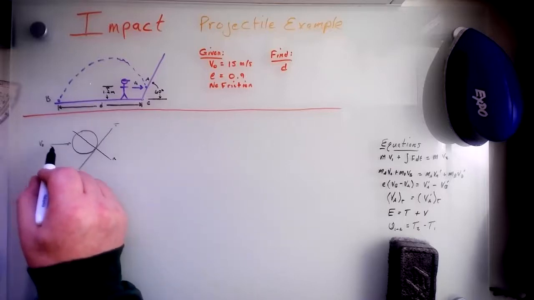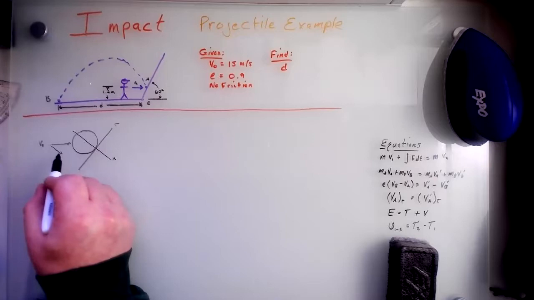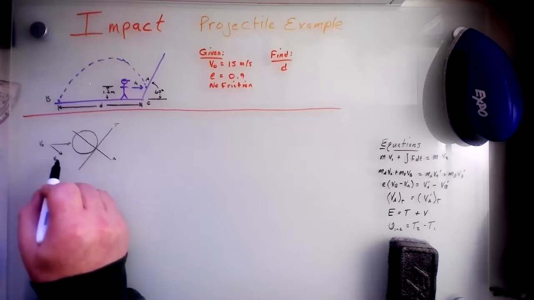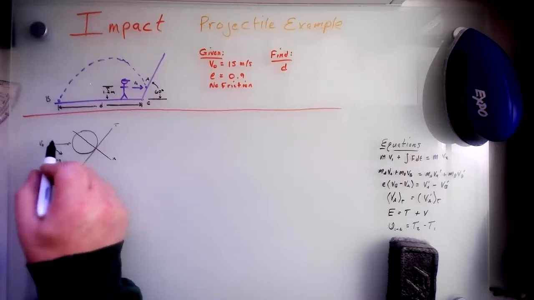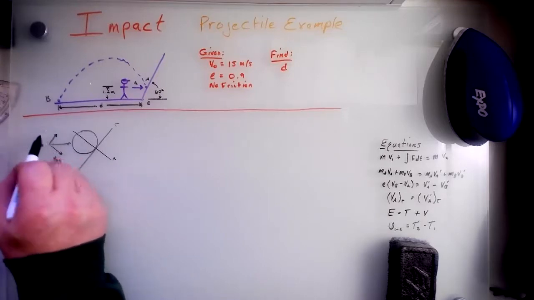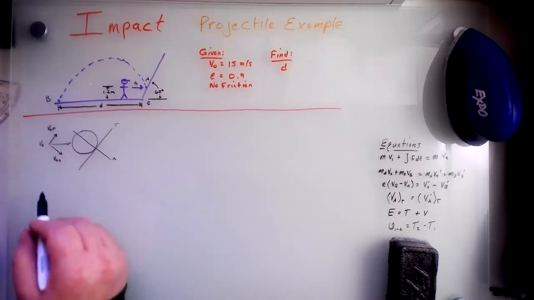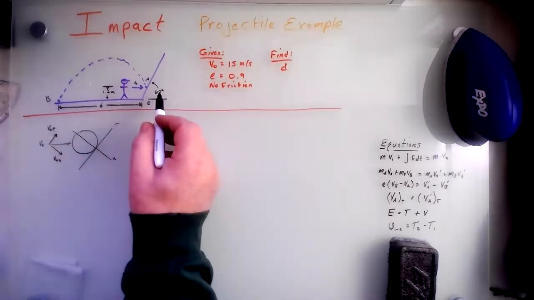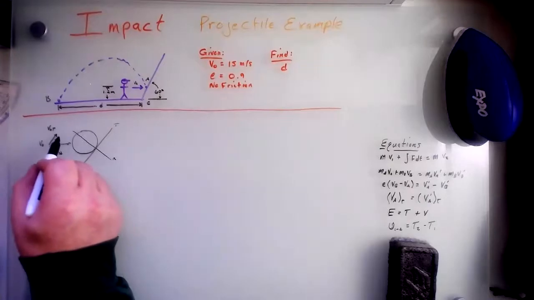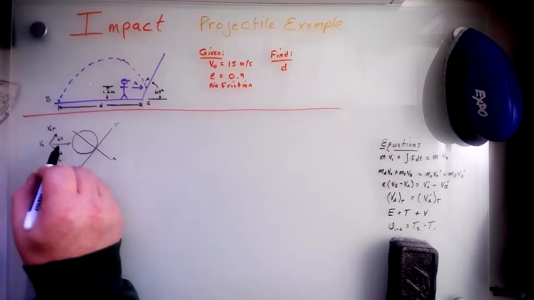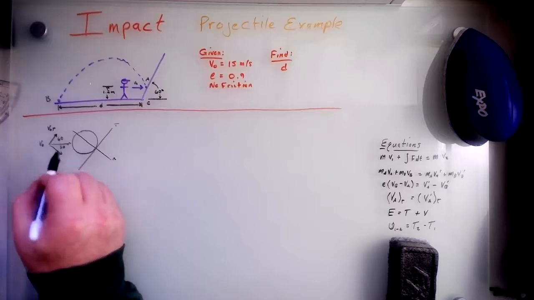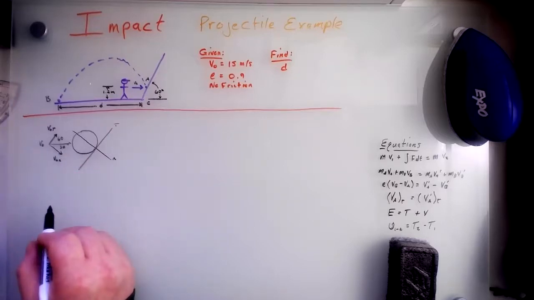The normal goes this direction, so we can call this V naught normal, and the tangential goes this direction, V naught tangential. This 60 degrees here is this 60 degrees here, which means that this is 30 degrees.